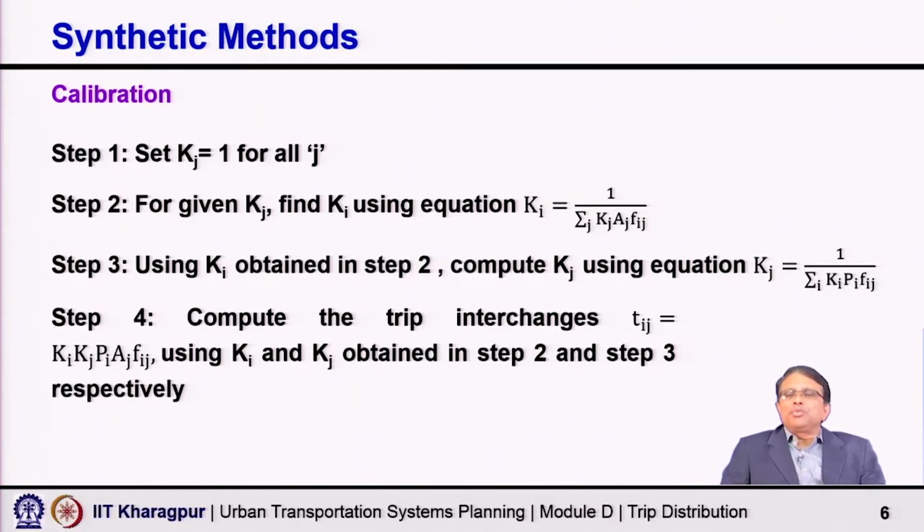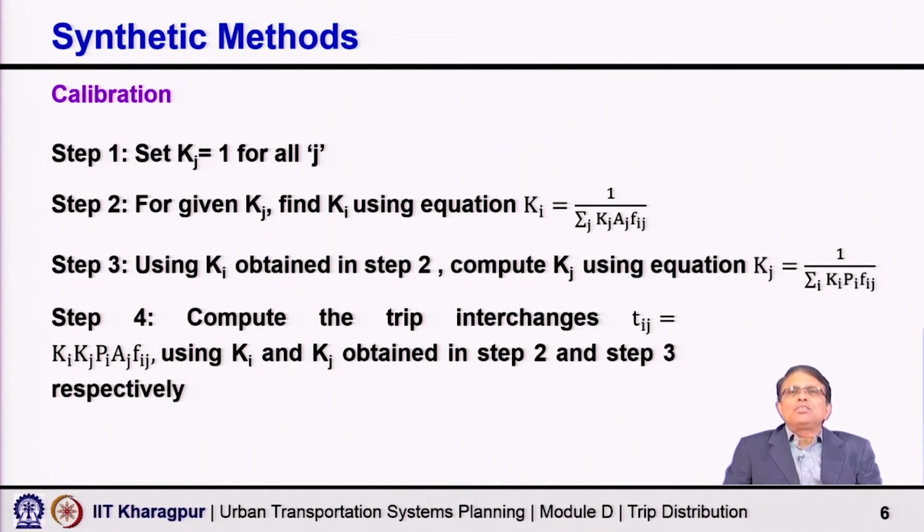So, for every zone j, you can compare what you got in the previous iteration, K1, K2, K3, K4 for all the zones, with what you have got now, and see the difference.